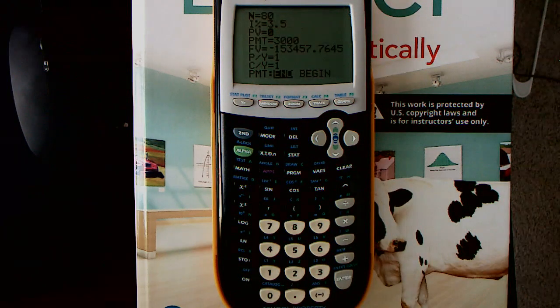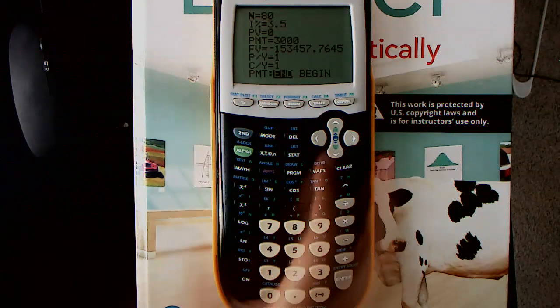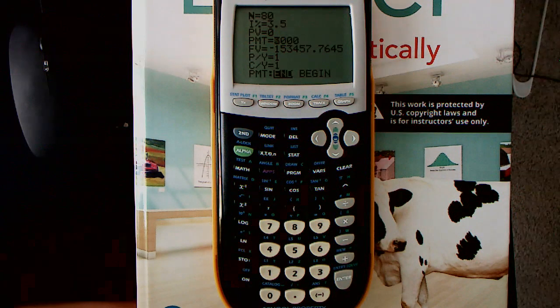What is PV, guys? Let me see if you paid attention earlier. What's the present value of an ordinary annuity? Yeah, please type your answer.